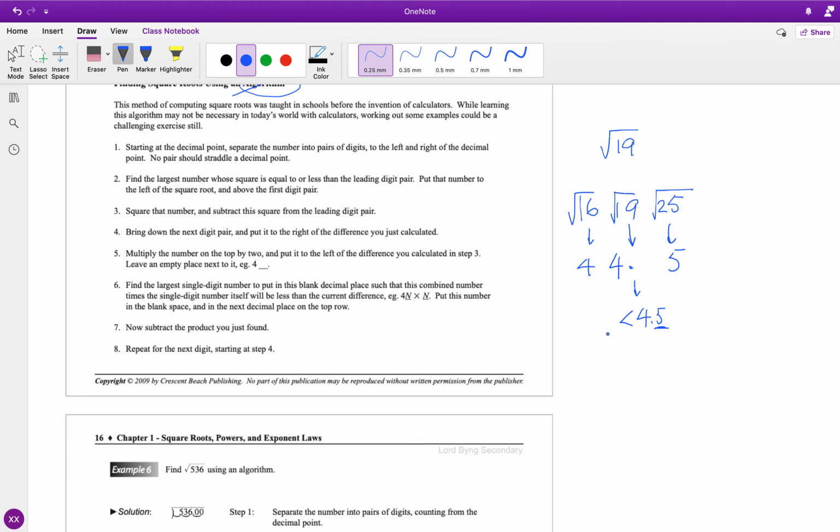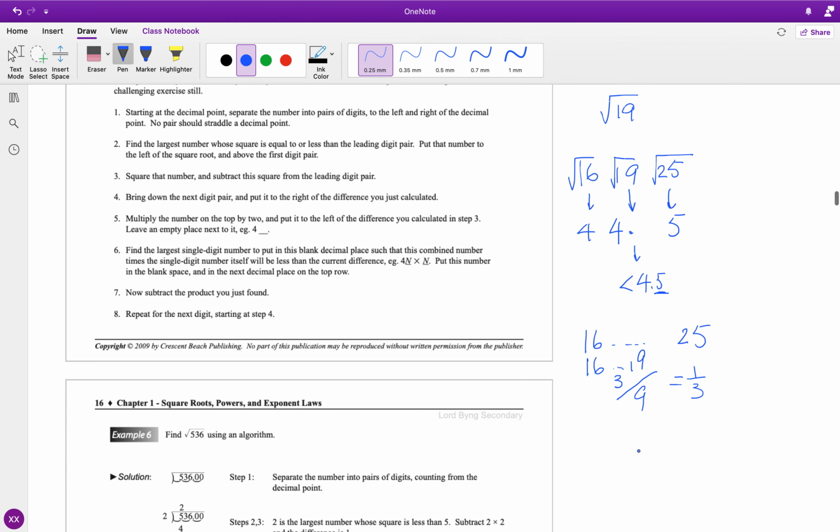The way we do it, we think about from 16 to 25. How many numbers are in between? There are 9 numbers in between. Then from 16 to 19, how many numbers are there? That's 3. So from here to here, that is 3 over 9, which is 1 over 3. Oh, nice. 1 over 3 is 0.33.